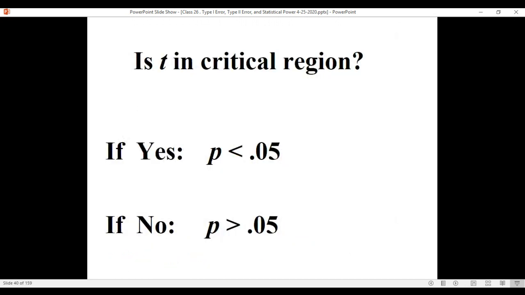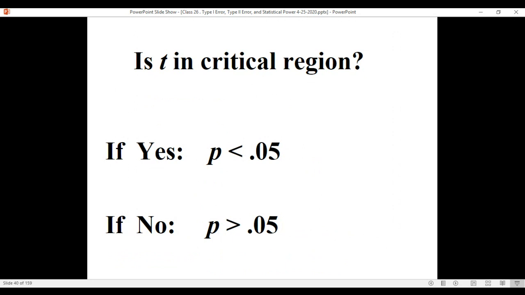If the answer is yes, t is in the critical region, then we say that p is less than 0.05. But if the answer is no, t is not in the critical region, then we say that p is greater than 0.05.